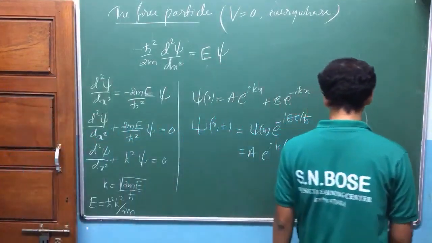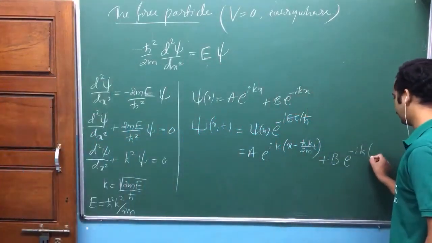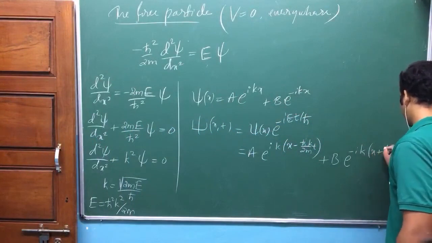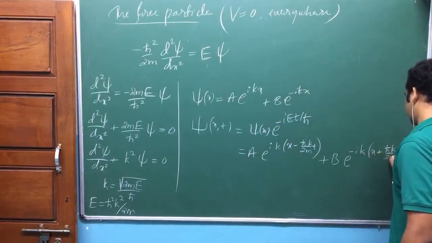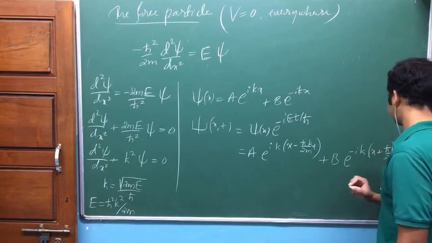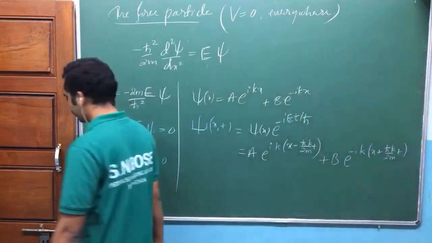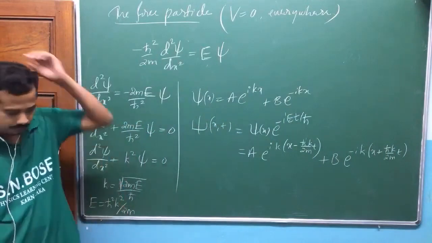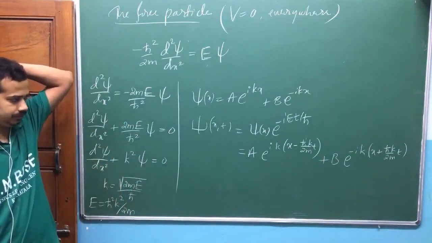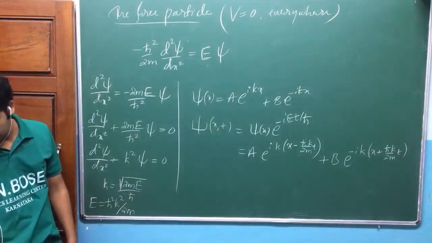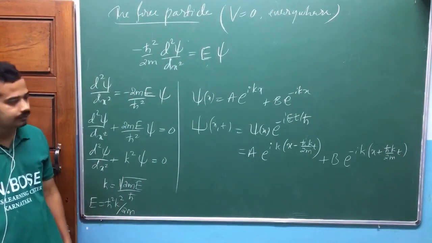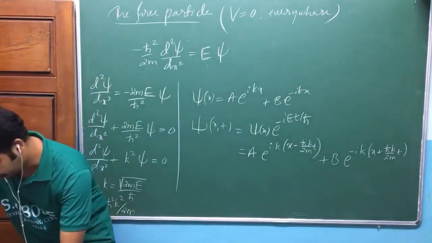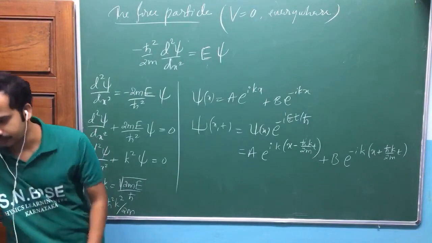If I take minus i k outside, you will get x plus h bar k by 2m into t.